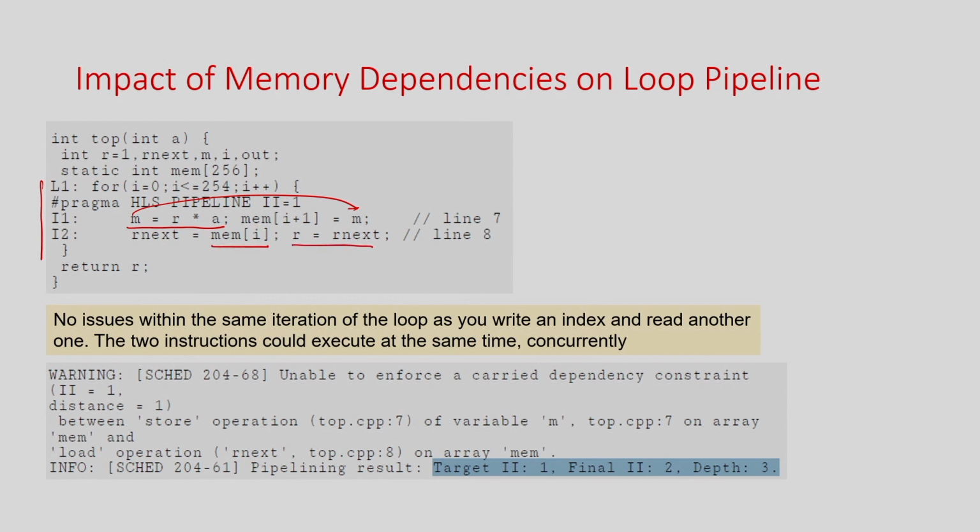Okay. So, now think about this scheduling. Let us say this multiplier is a 2 cycle operation, so you can do this multiplication in 2 cycles.